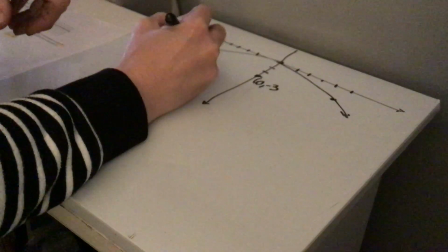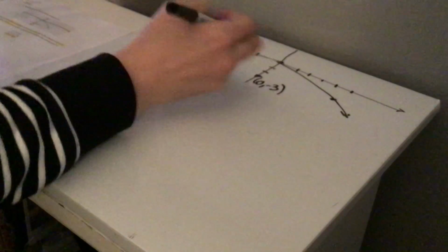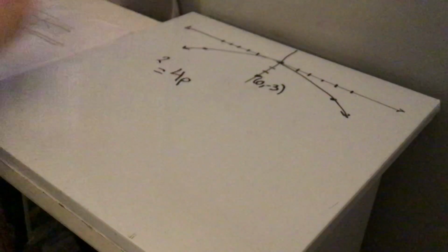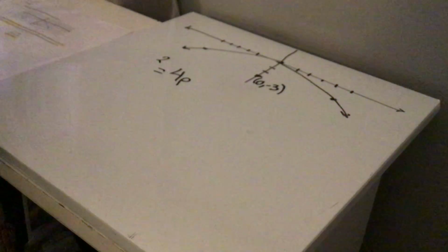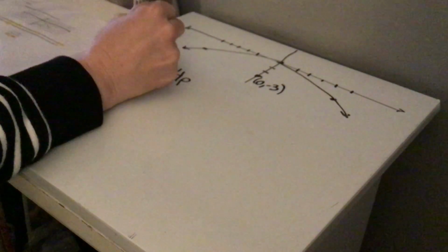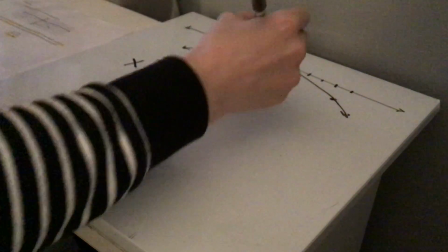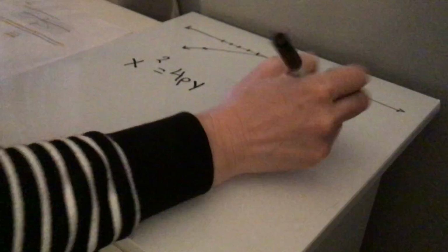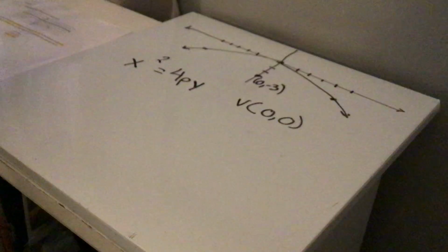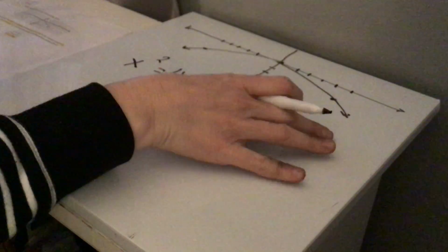All right, so to write our equation, we know it's going to be something squared equals 4p times our second variable. So it's opening up and down, right? Technically down, which means that it's going to be x squared equals 4py. So it shows us that the vertex is at (0, 0). Right now that's not super important because they're all going to be at (0, 0). But eventually they're not going to be at (0, 0). So you need to know where the vertex is.